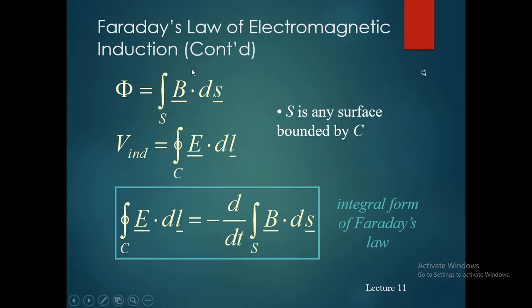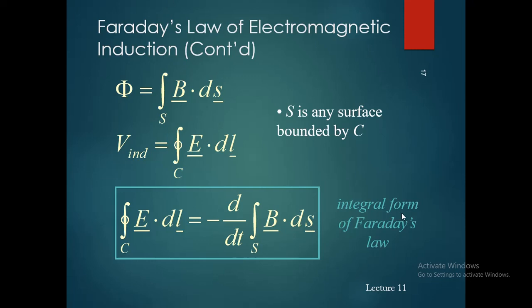From Faraday's law of electromagnetic induction, phi is equal to the surface integral of B dot ds, where S is any surface bounded by C. So V induced is equal to the closed line integral of E dot dl, which equals minus d by dt of the surface integral of B dot ds. This is the integral form of Faraday's law.